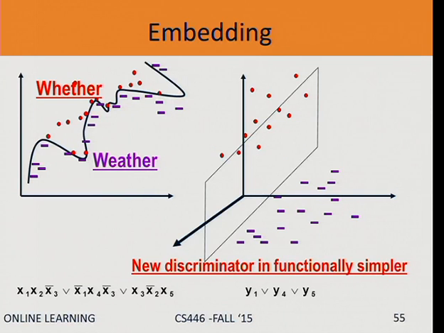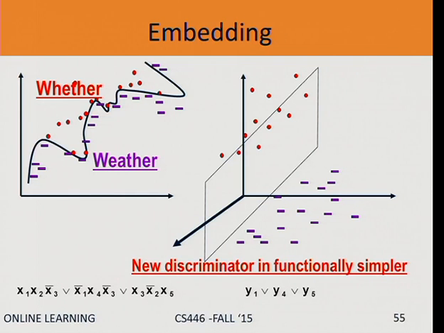So an explicit example, if the function that separates here is this function, in the new space, I can name these y's. Let's say my dimensionality here is n.